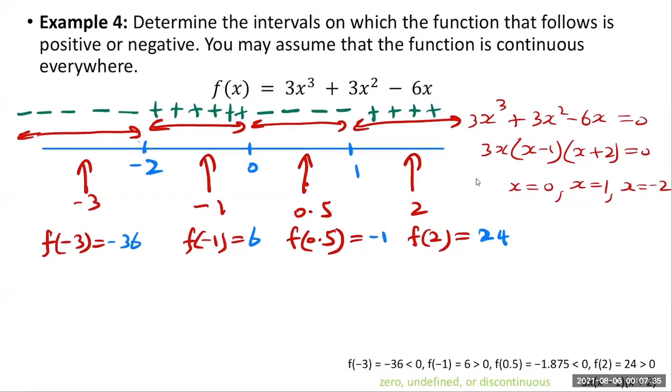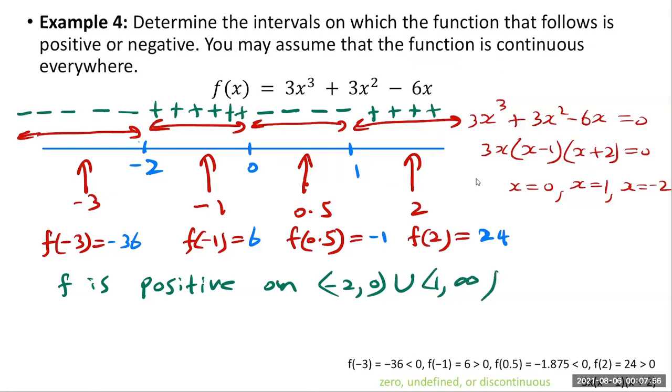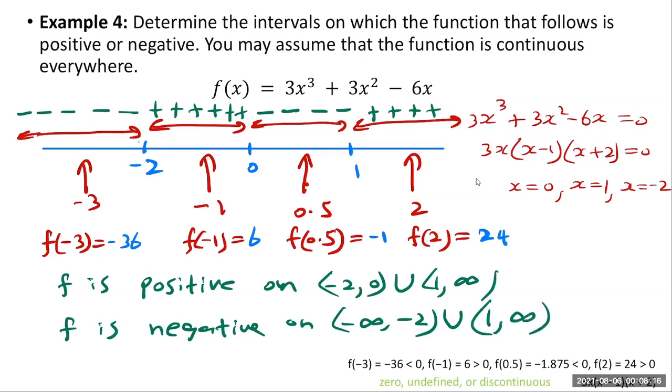So we can write the intervals where your function is positive and the intervals where your function is negative. f is positive on (-2, 0) union (1, infinity), these two intervals, and negative on (-infinity, -2) union (0, 1).